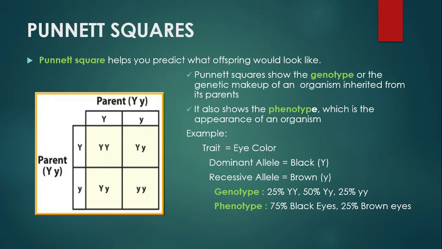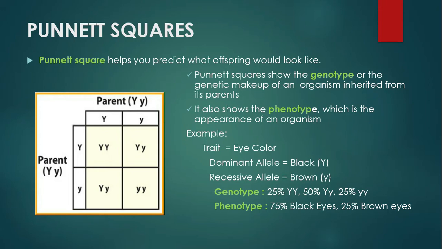So 3 boxes is 75% of the total percentage of the box, making it 75% black eyes. Black eyes are those with the dominant allele written in capital letter. And this interprets the first 3 results of the cross, wherein the first letters were written in capital letters, making it 75% black eyes and 25% brown eyes. Okay, hopefully you get that.